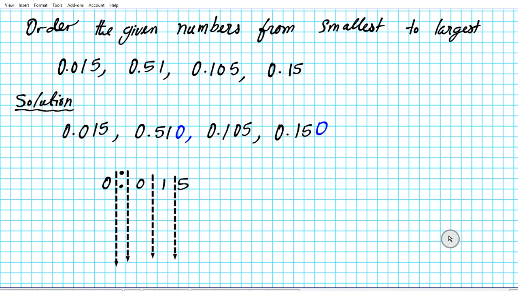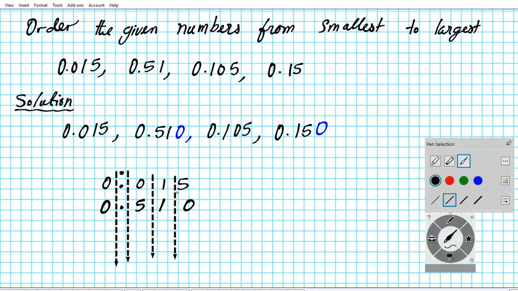So I have them spaced out like that, and then of course we have the ones place to the left. Let's take a look at the next number. For the next one, we have 0.510. The next one we have 0.105.